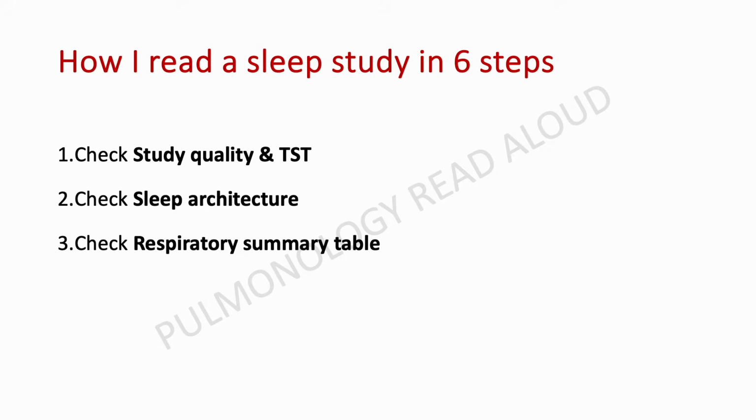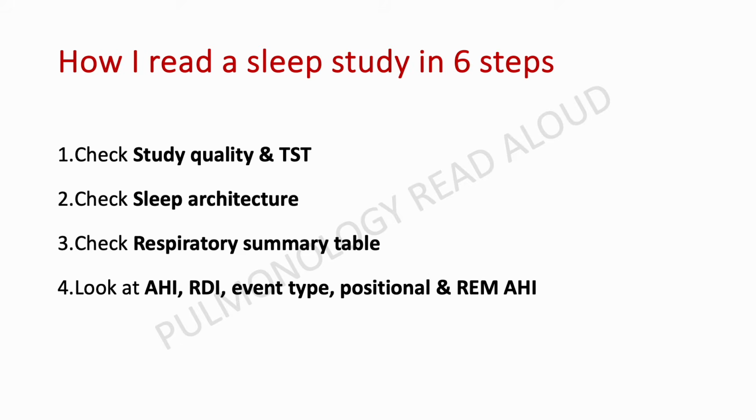But we have to avoid that because there's so much information which comes from the respiratory summary table, where you not only know about the type of events that the patient is having, which helps you classify whether he has a predominant OSA or a predominant CSA or a complex sleep disorder, but you're also able to find out if this patient has had a particular type of event which is more predominant or something which could be a little extreme, say as he's having Cheyne-Stokes respiration pattern or any other breathing patterns.